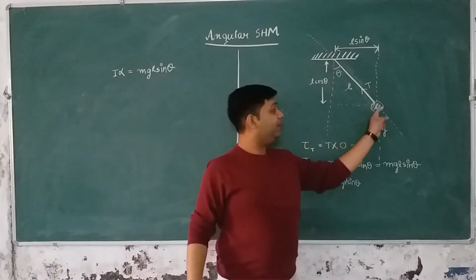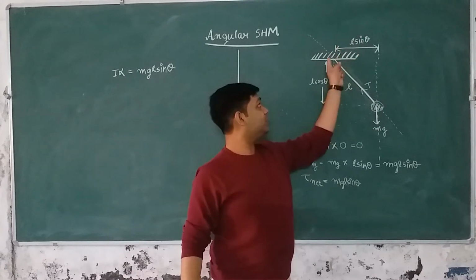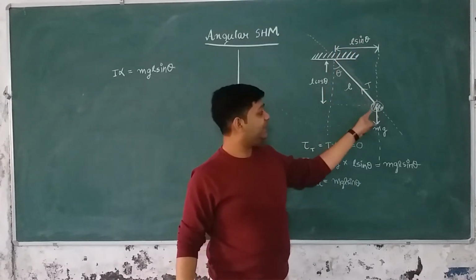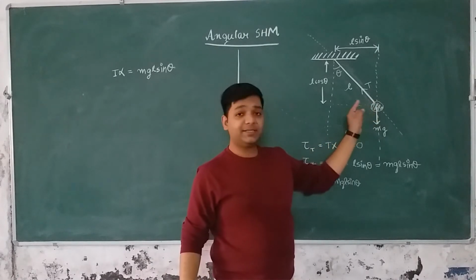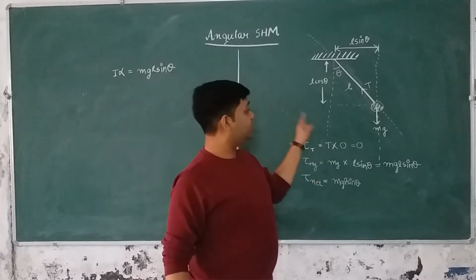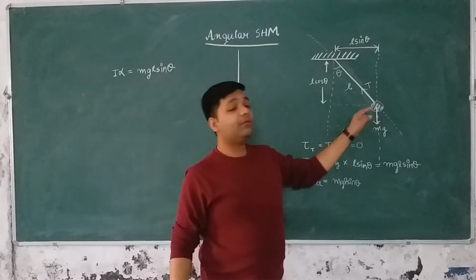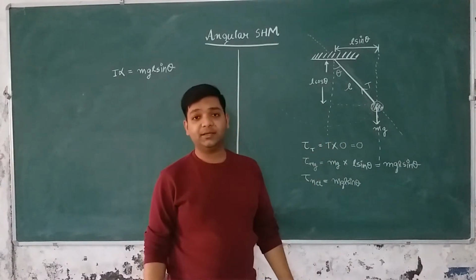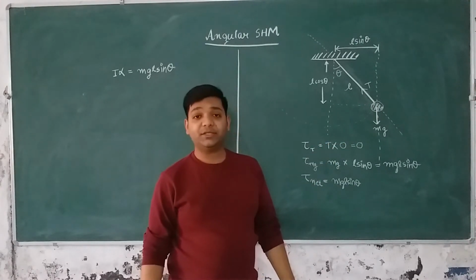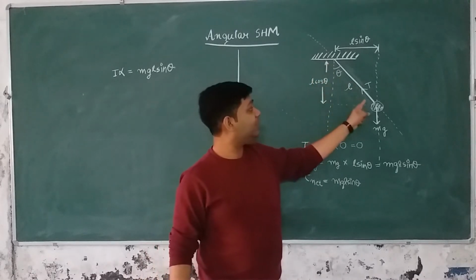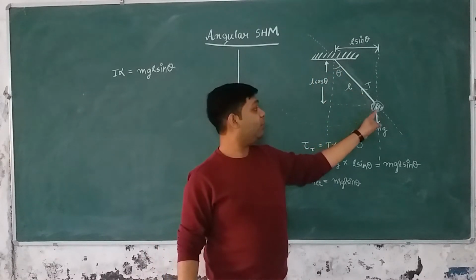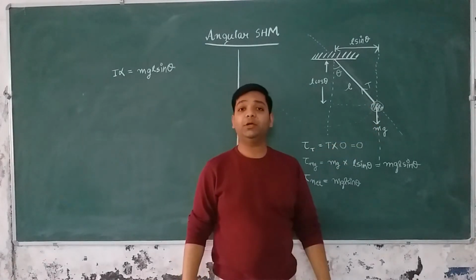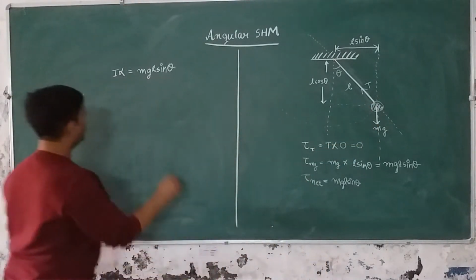If this is the axis of rotation and this is a body of mass m performing angular motion, then what will be the moment of inertia of this mass? It will be m r square, and here r is equal to the length of the string, which is L. So the moment of inertia of this ball will be m L square. I hope you know that.